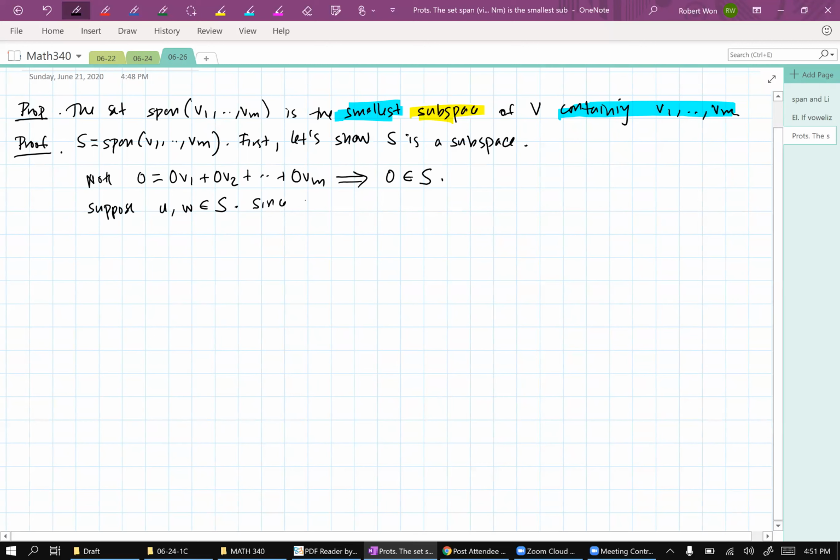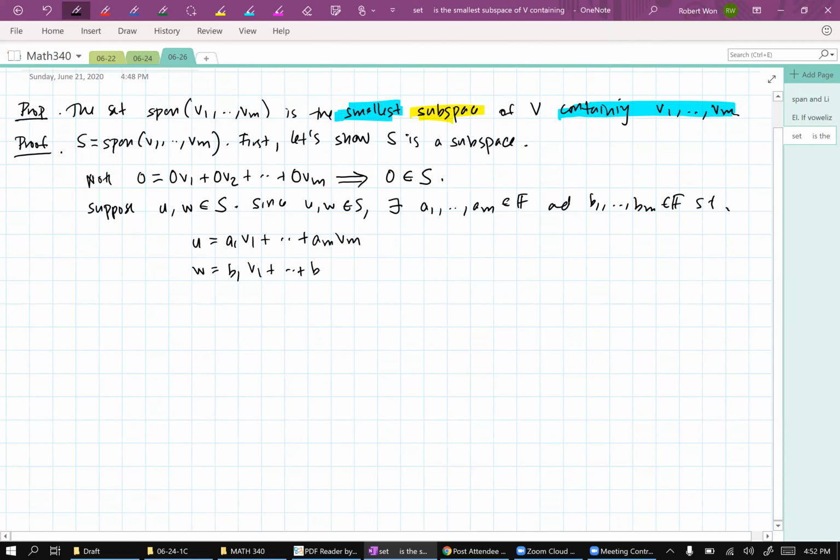So since u and w are in S, this means there exist scalars a1 through am and b1 through bm such that u is a1 v1 up through am vm, and w is b1 v1 up through bm vm. This is just what it means to say that u and w are in S.